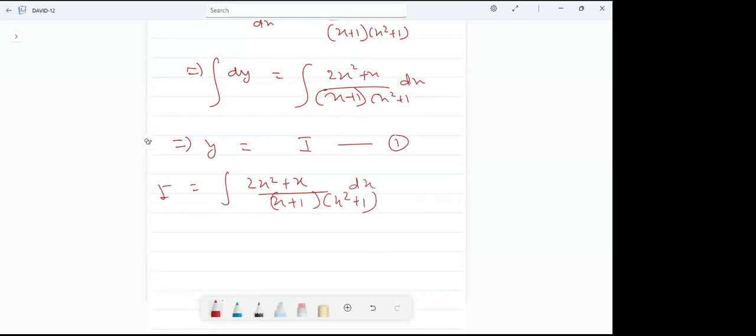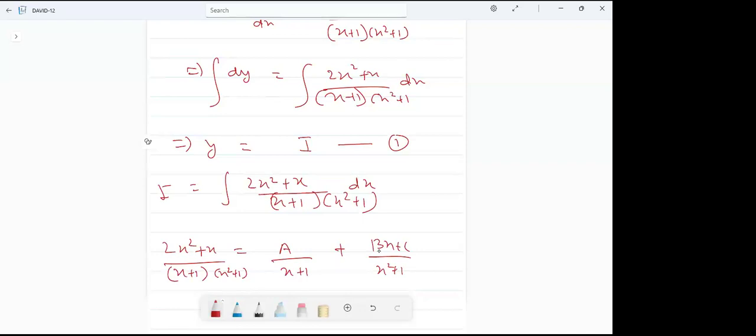So we can write (2x square plus x) over (x plus 1)(x square plus 1) equals to a upon x plus 1 plus (bx plus c) upon x square plus 1. This is called the partial fraction method to find the integral.